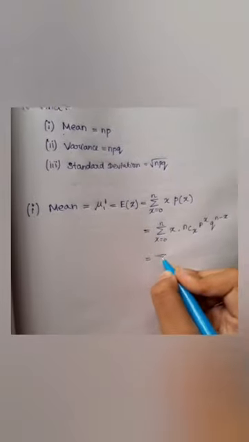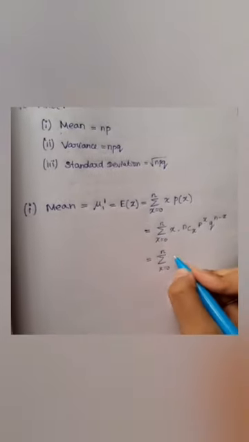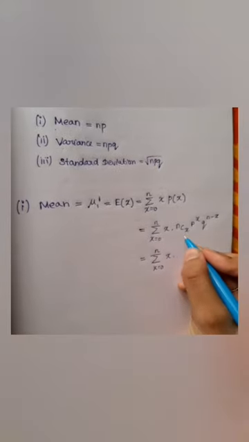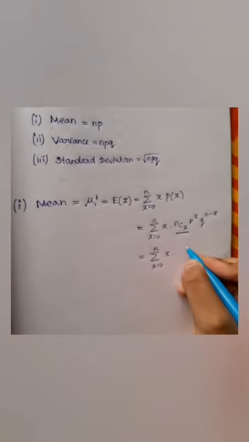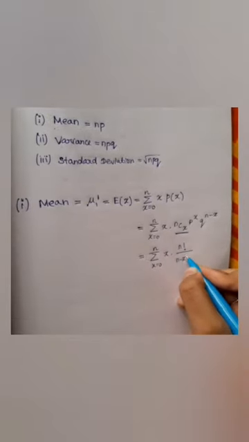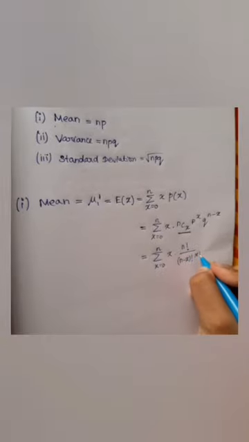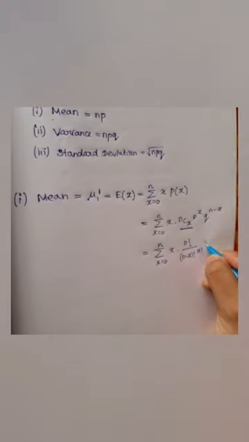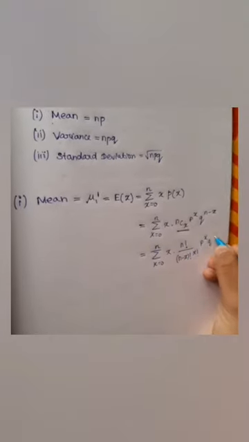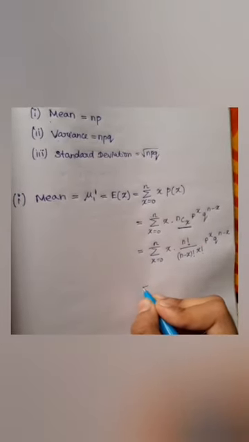Next, summation x equal to 1. We apply x equal to 1, so that x into nCx becomes n factorial divided by (n-x) factorial into x factorial, and the remaining terms we write as they are.